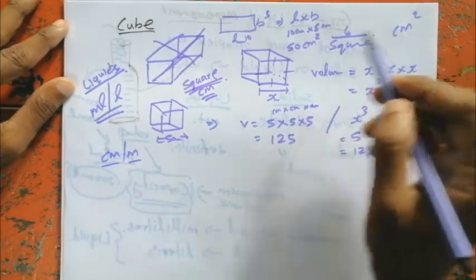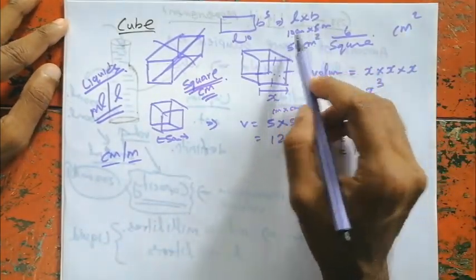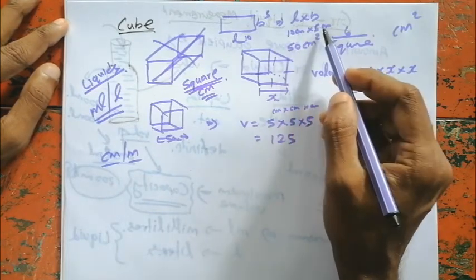Why square centimeter? You need to say it square centimeter, not centimeter square. Why square centimeter? Why do we have 2 centimeters? Because the lengths are in centimeter, the measurement is also multiplying.